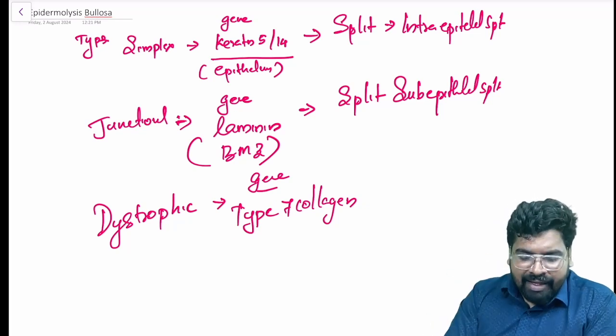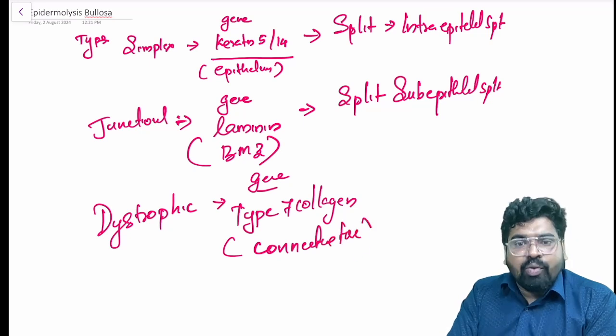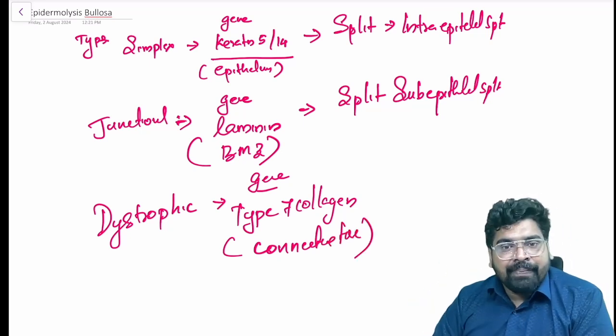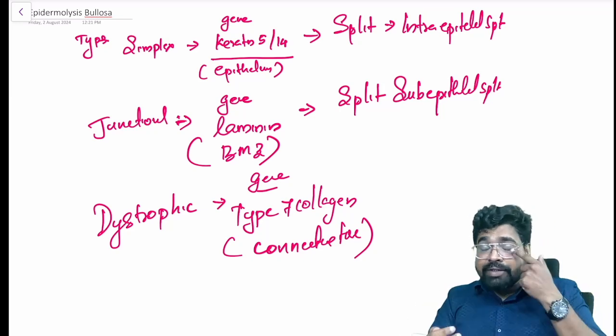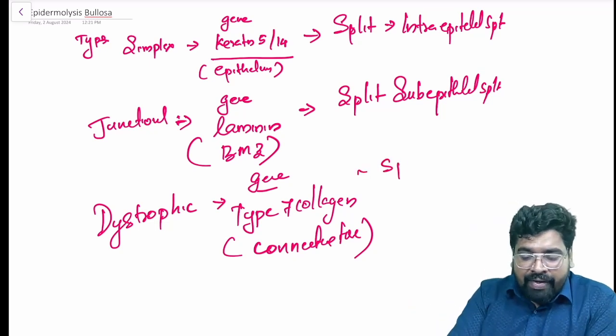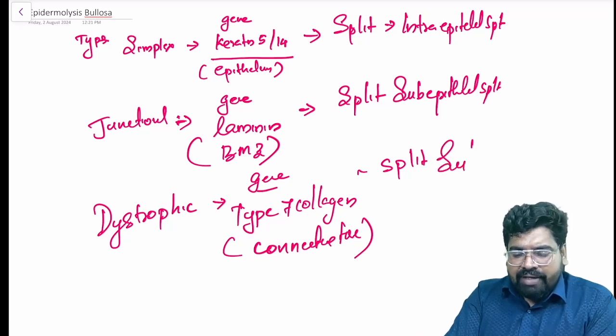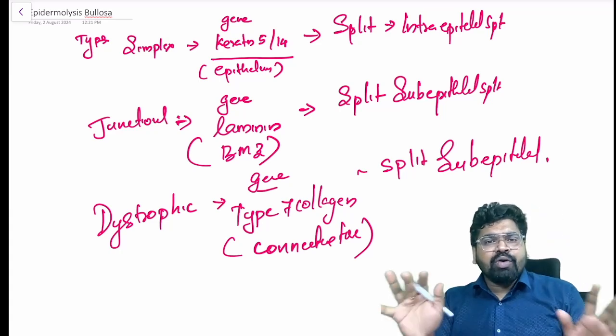Deeper in the connective tissue. So the gene for type 7 collagen is mutated here. The split is seen in this connective tissue. It is again subepithelial. So simple, epidermolysis bullosa.